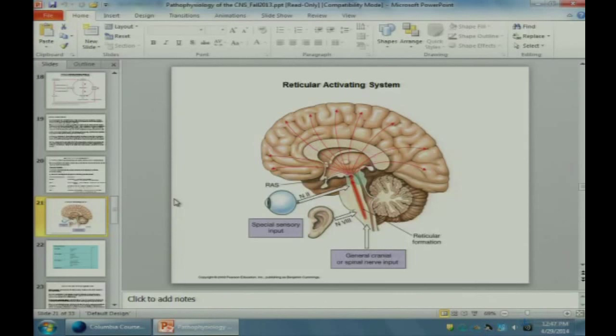So the reticular activating system is providing an incredibly high level of cortical stimulation all the time. Okay. So the activity of the reticular activating system is described as determining the level of cortical arousal.